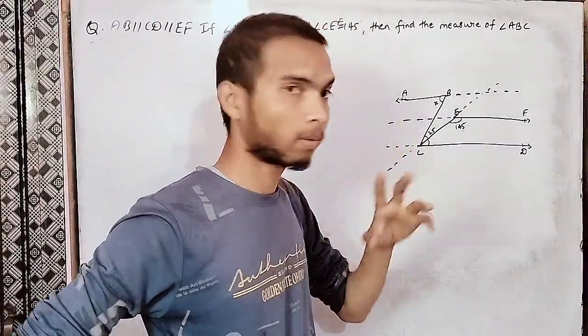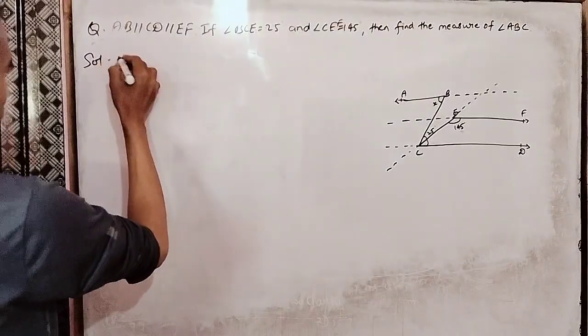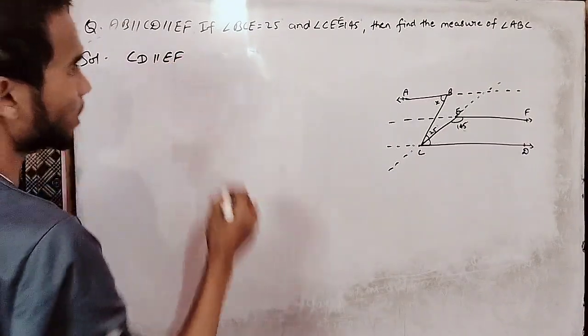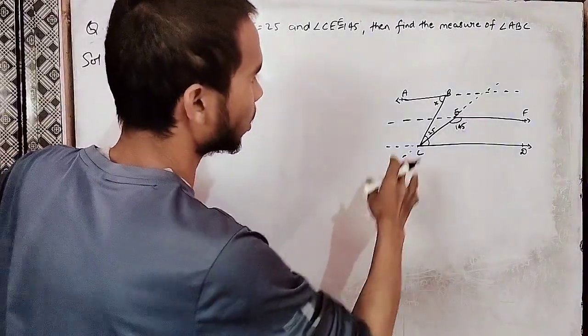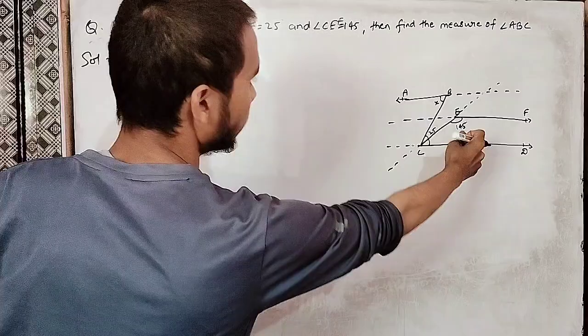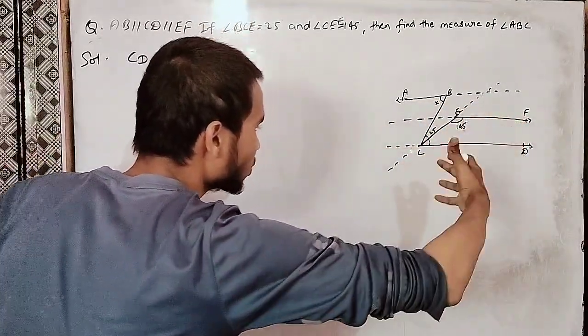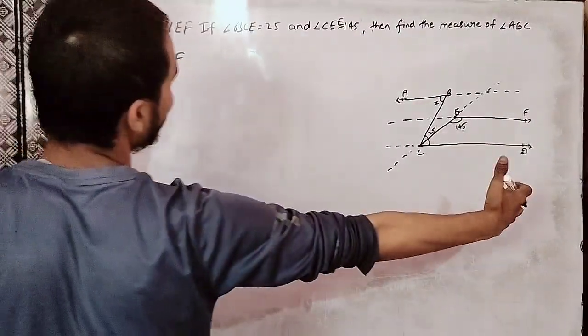CD is parallel to EF. Then what will happen? Look at here. Here we have co-interior angles, whose sum is 180 degrees. Am I right?